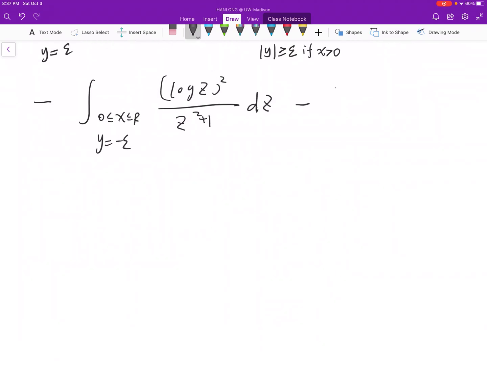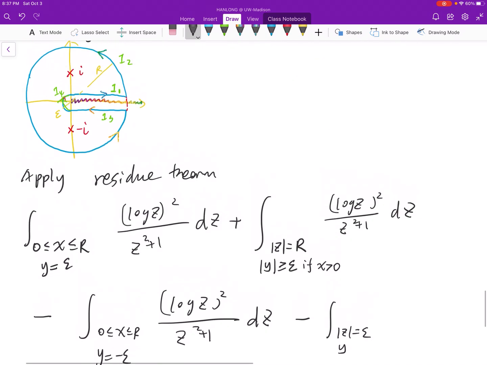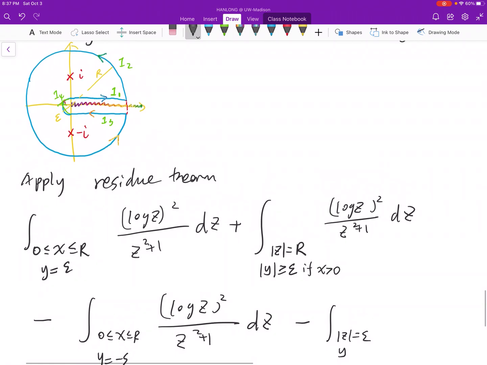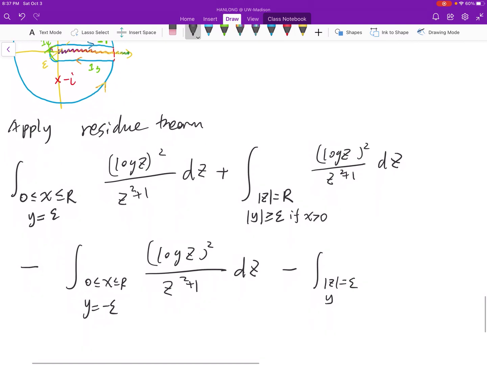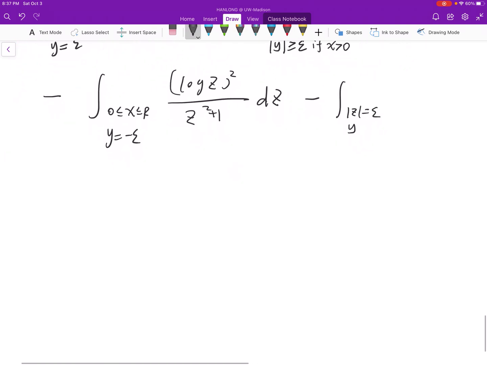And for this small circle, |z| is epsilon, and x is negative.